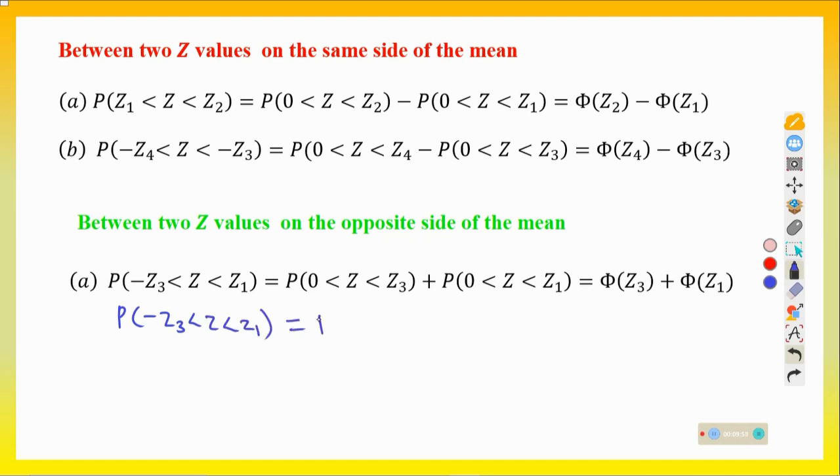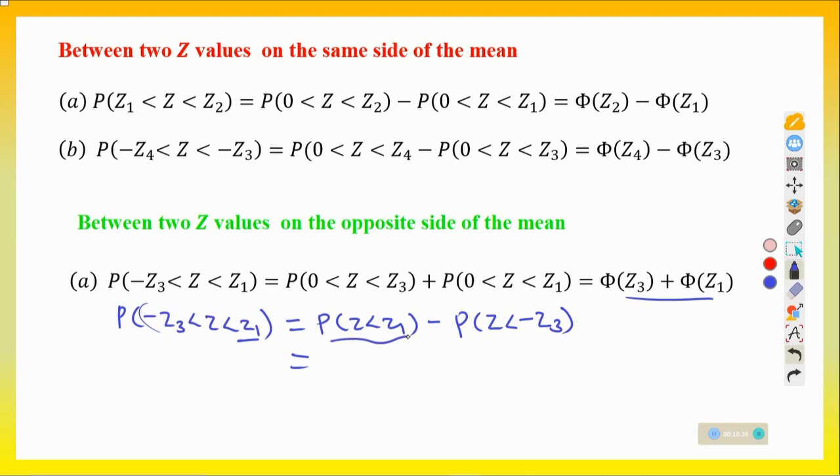And as I said, this will be the probability of z less than z1 minus the probability of z less than negative z3. Using the same way we have been manipulating these, we can manipulate this and get the same expression. So simply get the probability of z less than z1, then minus the probability of z less than negative z3, the way it is here.